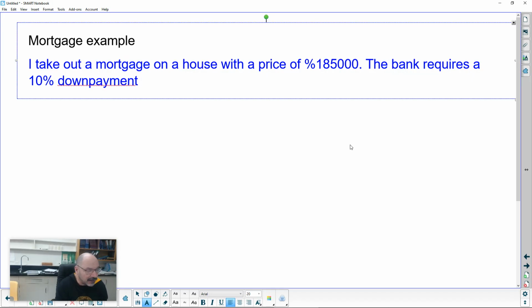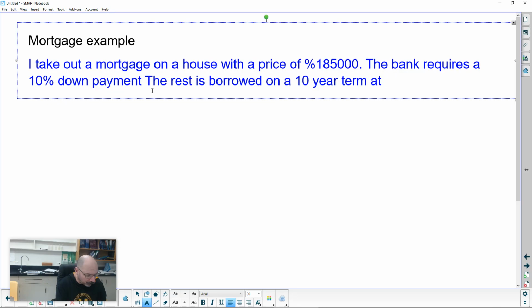And I get a 10-year term. Okay. The rest, let's say, is borrowed on a 10-year term, at 3.4% compounded monthly.